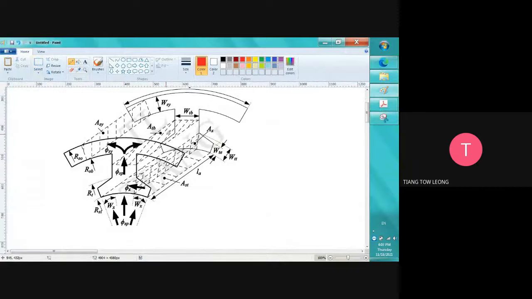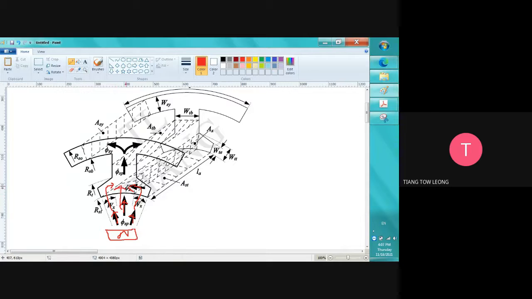Okay, this one I actually drew myself during my PhD study. So first of all, we need to know how the flux goes through. The flux is the bold color one. It flows like this from the rotor pole. Let's say this one is the north pole, the rotor north pole. It goes out and then flows to here.